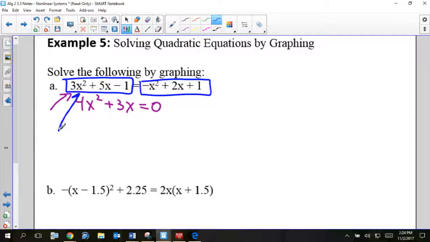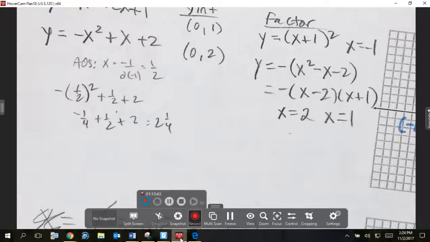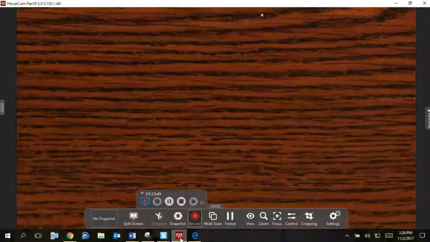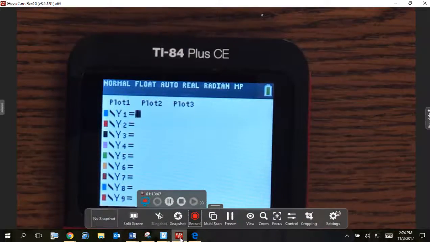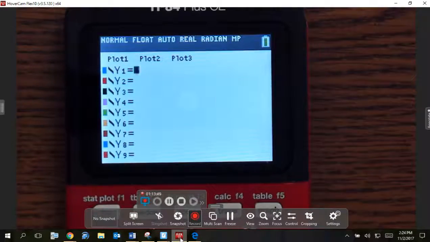So you make just y1 that side and y2 this side. It's just make y1 one side and y2 the other and plug it in your calculator.